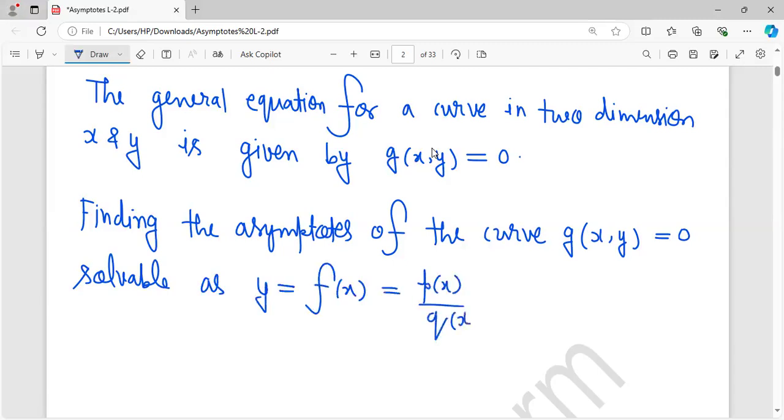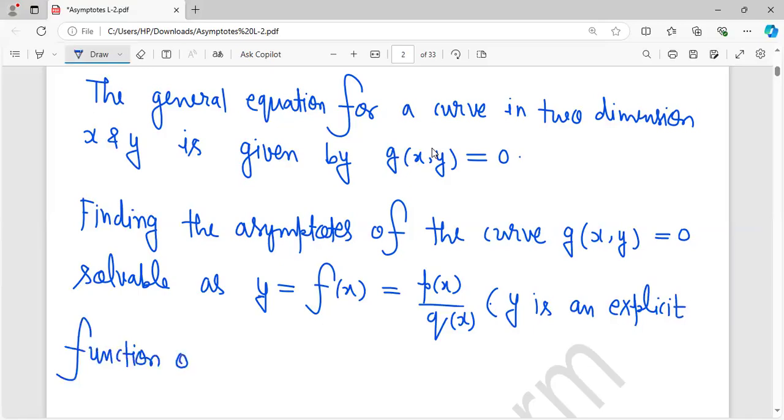It means y is an explicit function of x.